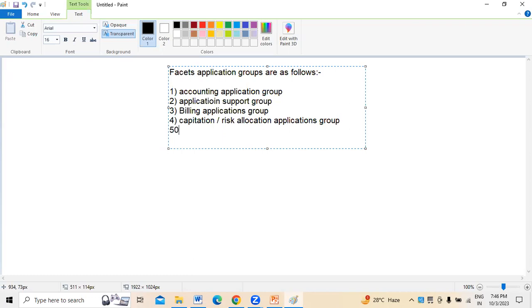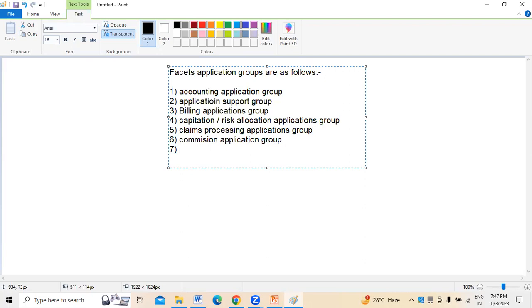Okay. Next, the fifth one is called the claims processing applications group. Next is the commission application group.